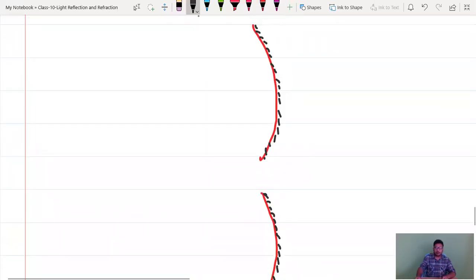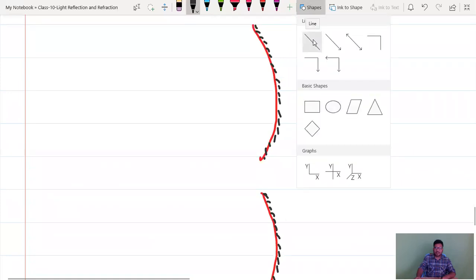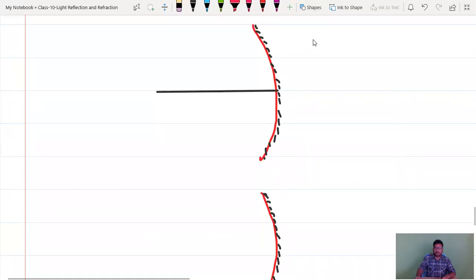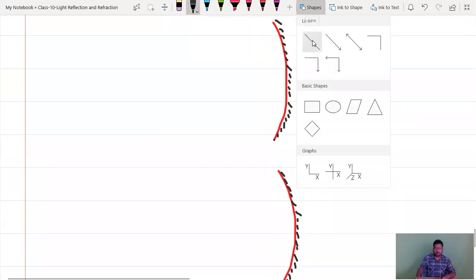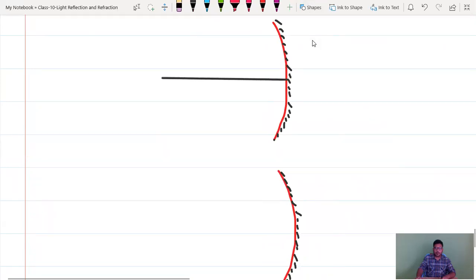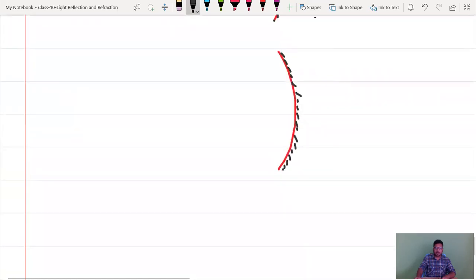We have to draw the principal axis, isn't it? Principal axis, which will be a straight line. For 4 diagrams, 4 principal axes. Guys, you can follow me and draw this in your classwork while I am drawing.